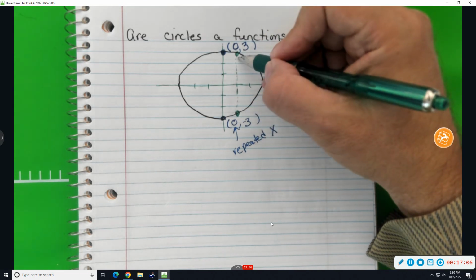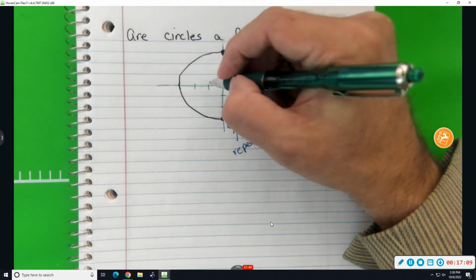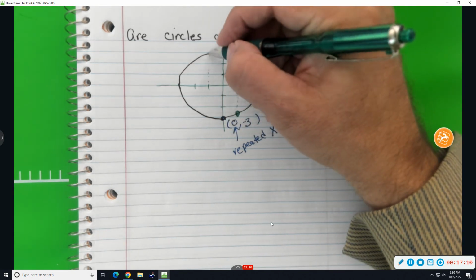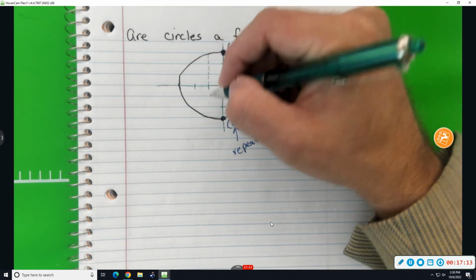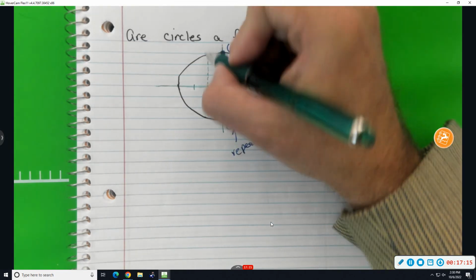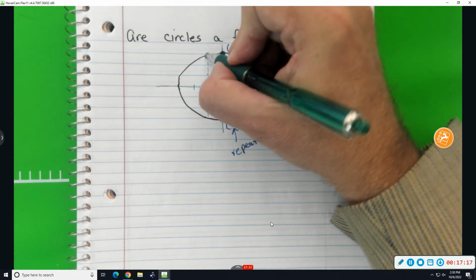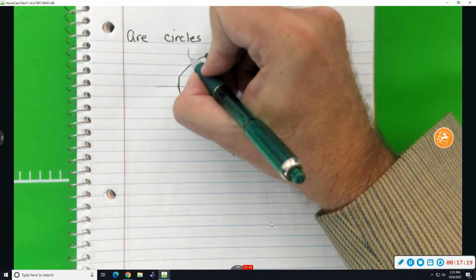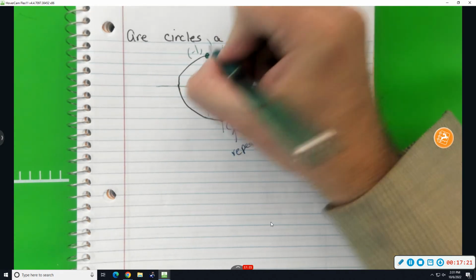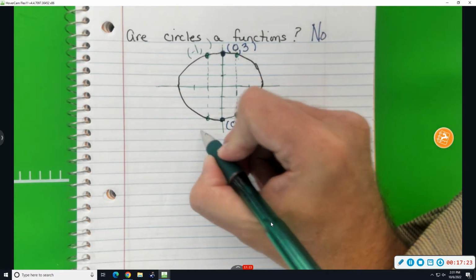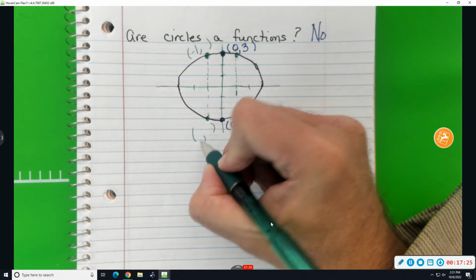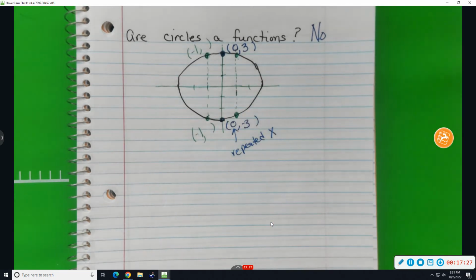So once again, repeated x's. If I drew a vertical line right here at negative 1, this point would have an x value of negative 1, and this point down here, doesn't it repeat the x value of negative 1? So in general, circles are not functions.